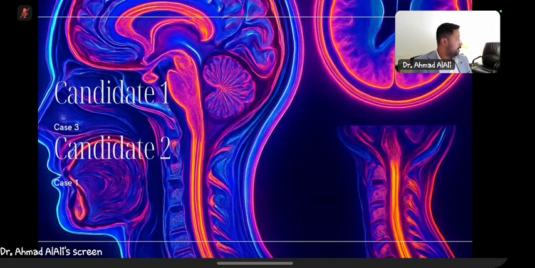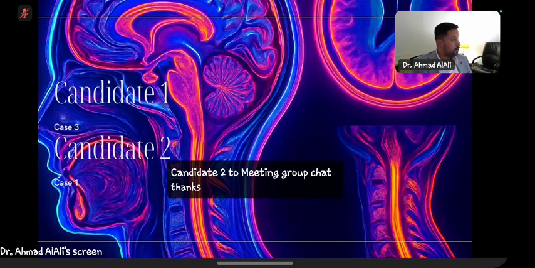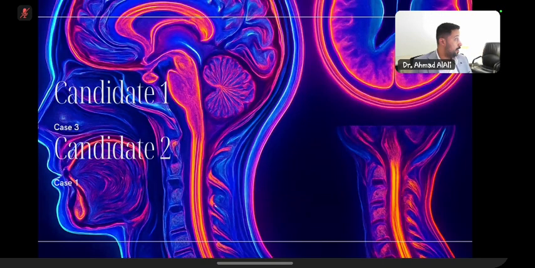Okay, this is a patient who presented with lower limb weakness and numbness. We had a spine MRI for the patient. I would like to show you, starting with the sagittal T2.